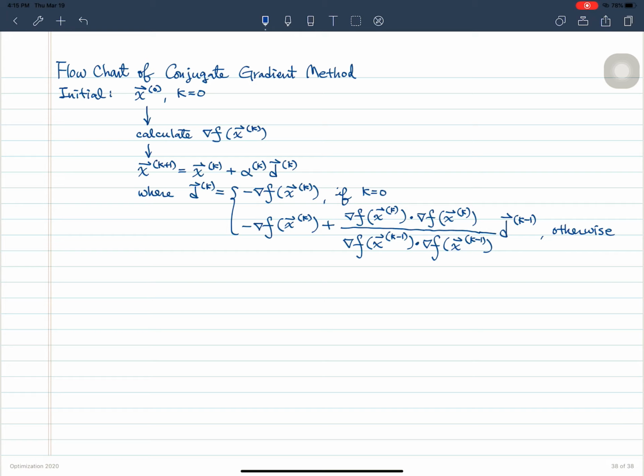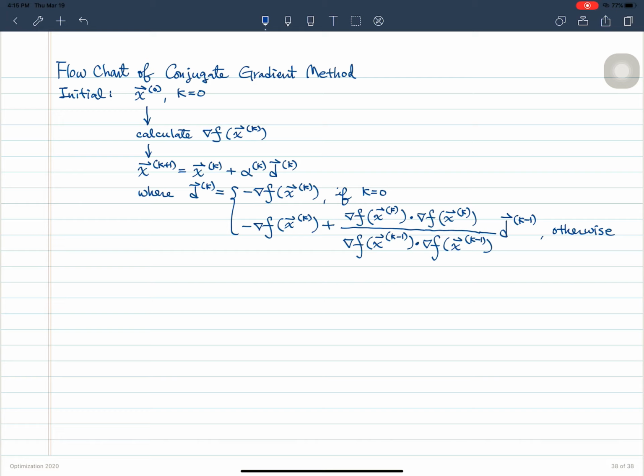Basically, it's gradient k dot gradient k over gradient k minus 1 dot gradient k minus 1. So it's a value over another value. And this will guarantee your new direction and the previous direction will be conjugate orthogonal.